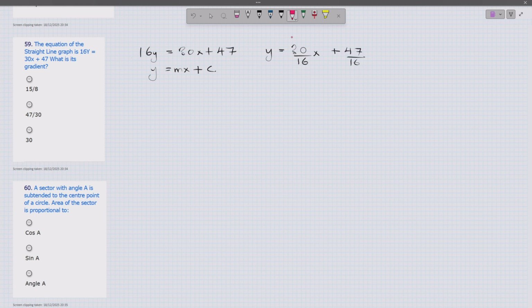So that is the gradient, 30 over 16. So therefore m equals 30 over 16, which, cancelling out, is going to give you 15 over 8.